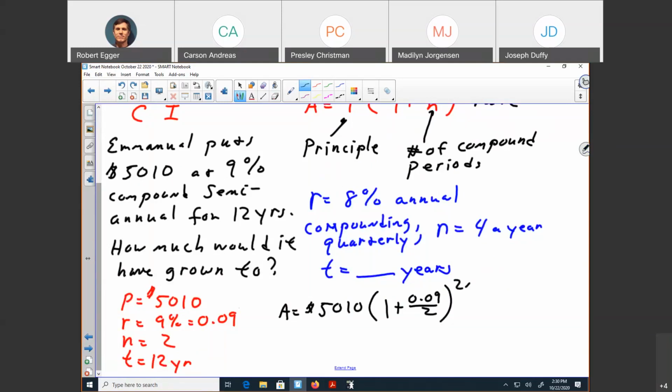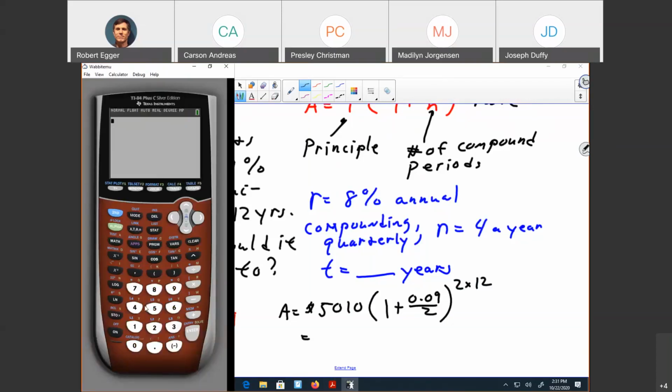And twice a year times 12, 2 compoundings per year times 12 years is going to be 24 compoundings. And now it's just calculator work.